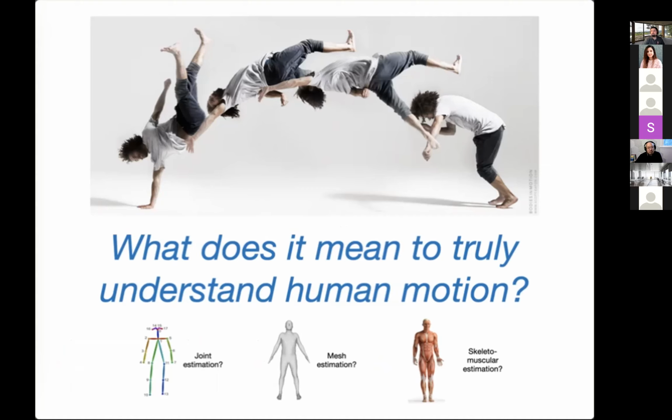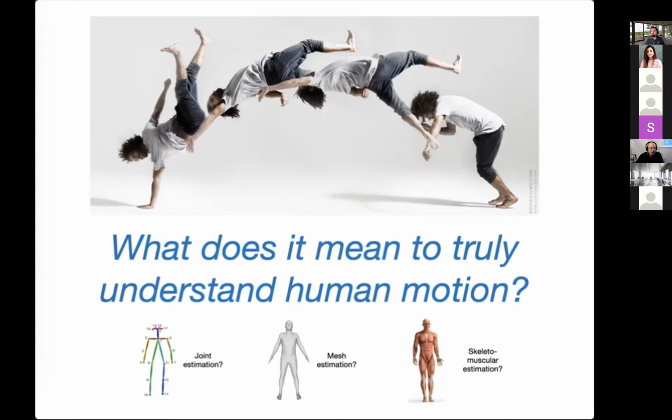Is it enough to know the exact mesh of a person while they're performing some motion? Or should we go even further than that? I don't think anybody's worked on this, at least in computer vision: should we estimate skeletal muscular models from visual observations? I think we're going to figure it out as a community, but what is the right representation?